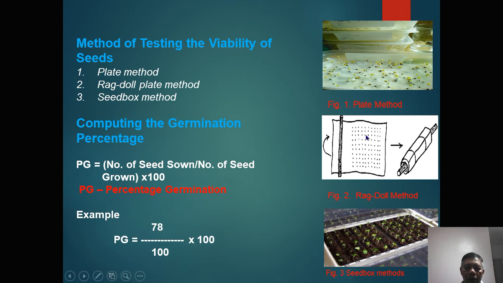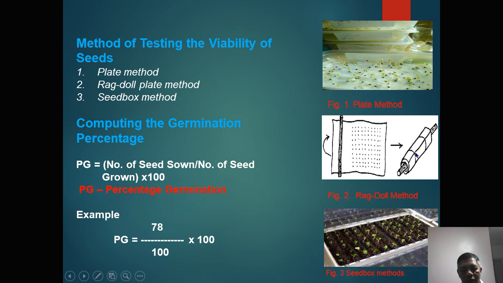You will lay down the moist rag on the floor, then place several seeds like this, and then there is a stick, and you will roll it around this stick, and this is now the image.